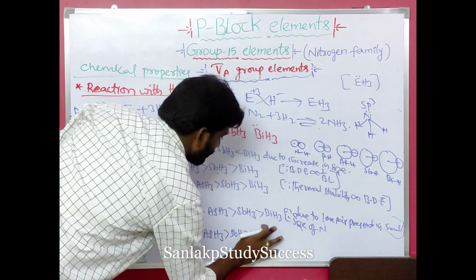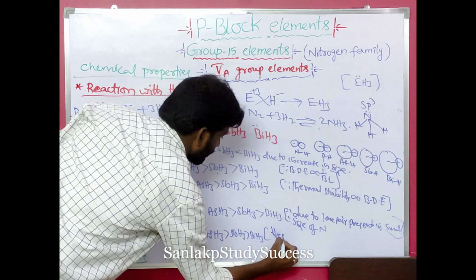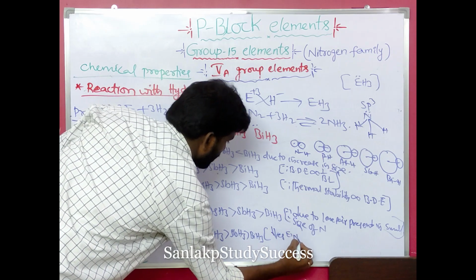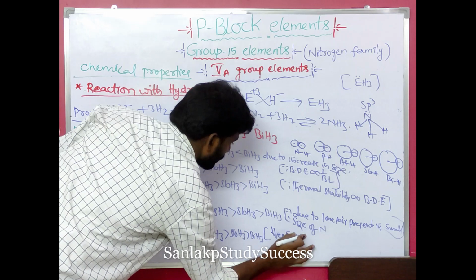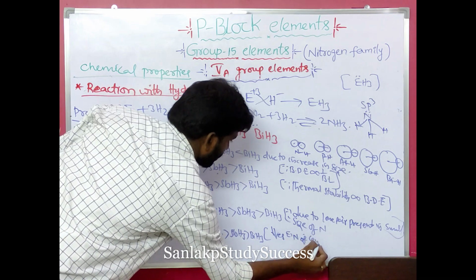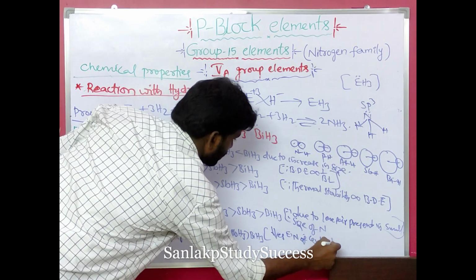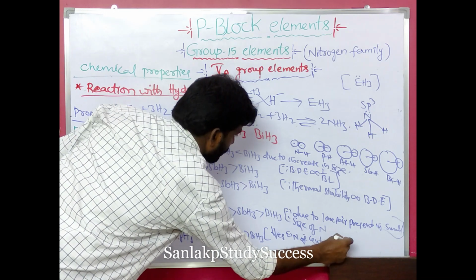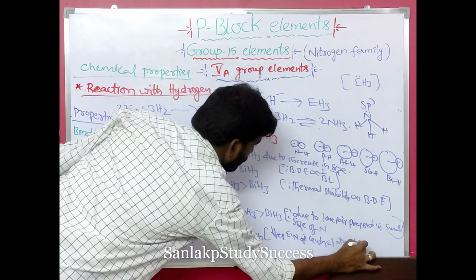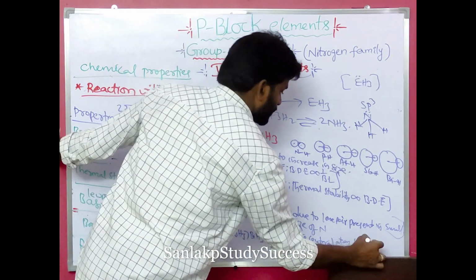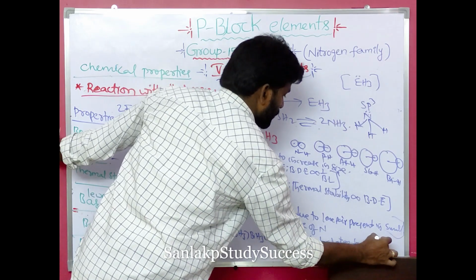The electronegativity of the central atom decreases from nitrogen to bismuth.